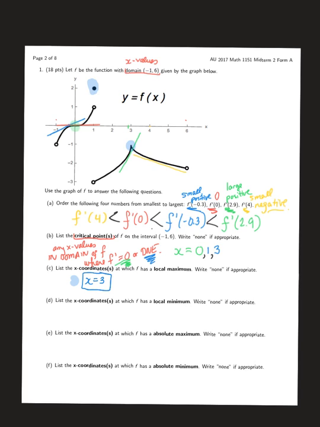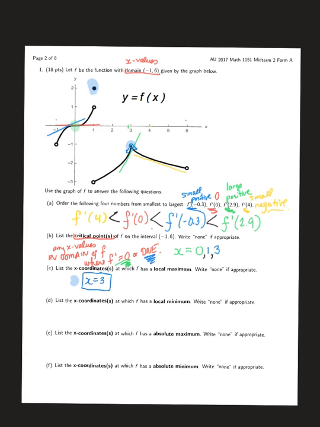The reason it's only x equals 3 is because in a small neighborhood around 3, meaning immediately to the left and to the right, our function exists, and (3, -1) is the highest point in that small neighborhood.